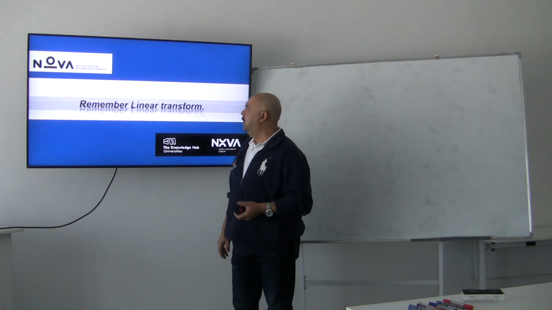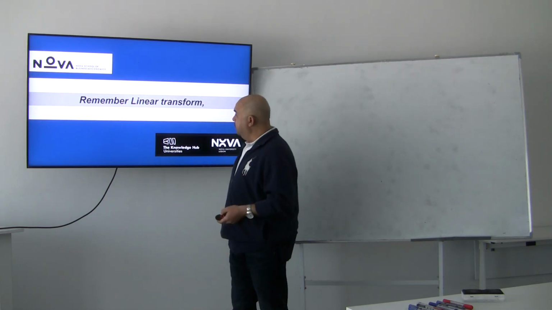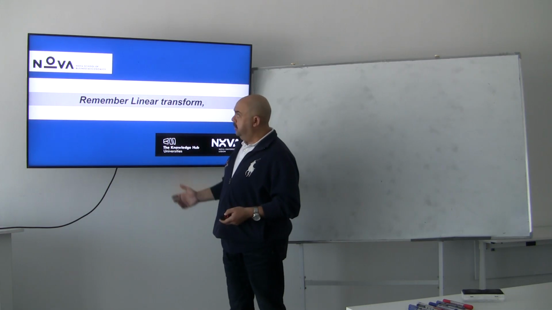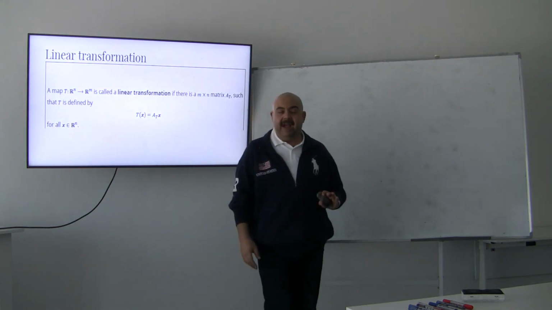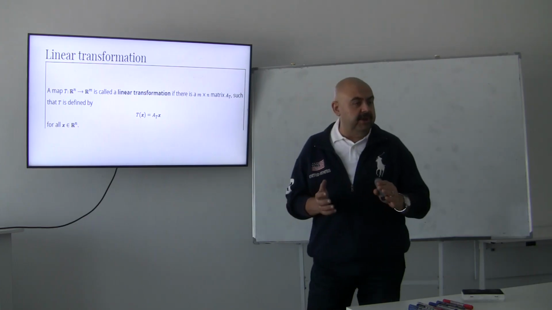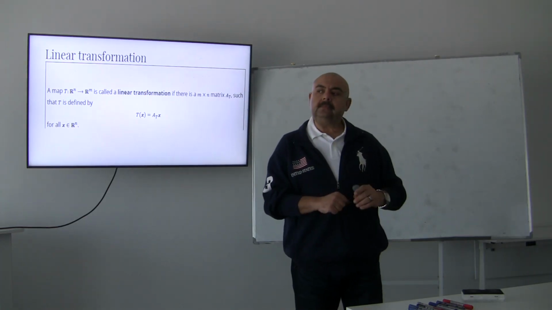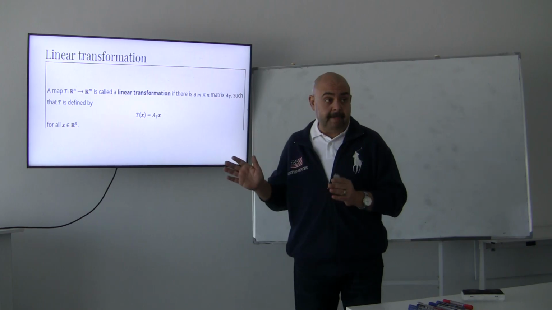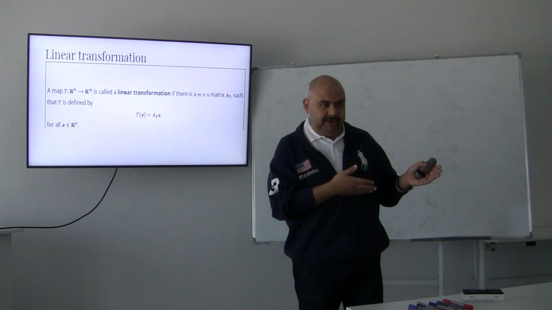This was just a quick refresher about matrices. If you remember what we mean by linear transformation, linear transformation is really very simple. You will find how it is connected between the multiplication of matrices, the linear transformation, and the solution of a system of equations, and finally vector spaces.